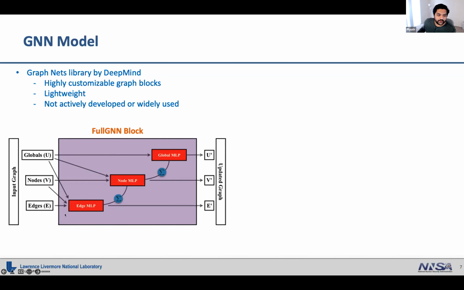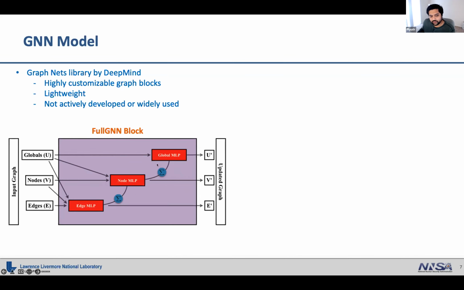Once that data is passed through the edge MLP, it's aggregated using a permutation invariant aggregation function like a mean or a sum. That feature is sent to the node MLP after, again, concatenating with the node features and the global features. Again, this is done for each node and passed through the node MLP.